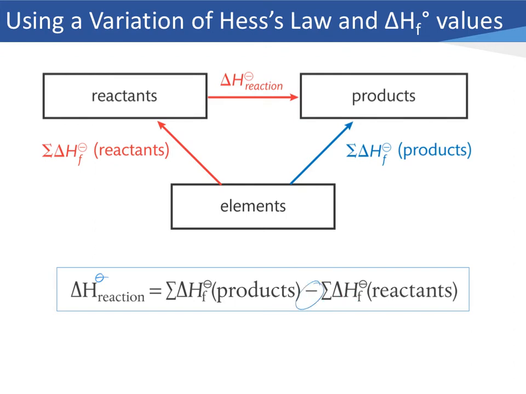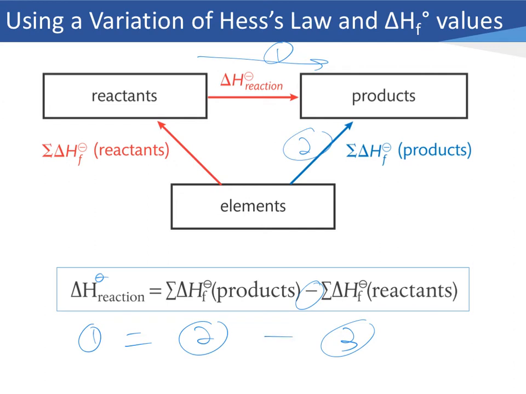Let's see if we can figure out where this minus sign comes from. If I call this reaction 1, reaction 2, and reaction 3, this is reaction 1. So 1 equals 2, so this will be reaction 2, delta H of formation of the products, minus reaction 3.